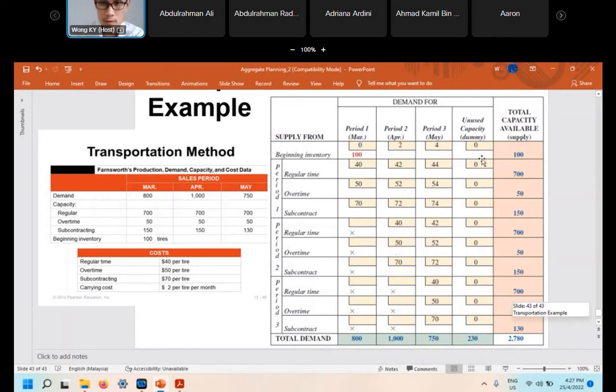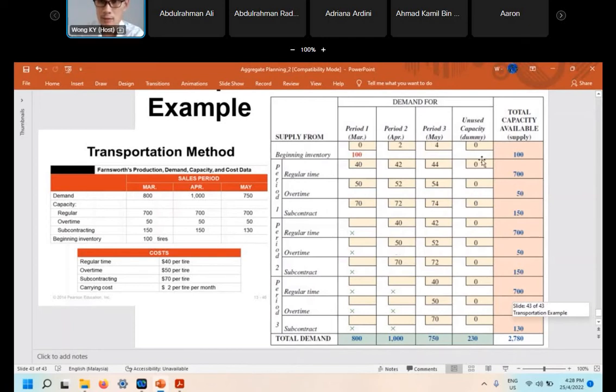Then let's move on to the next cell that has the minimum cost. Okay, now you can forget about the dummy column. Of course, dummy column, the cost is 0, 0, 0. So don't assign anything to the dummy column because I already said it's meaningless. Okay, you only use the dummy column if at the end there is capacity which is unused.